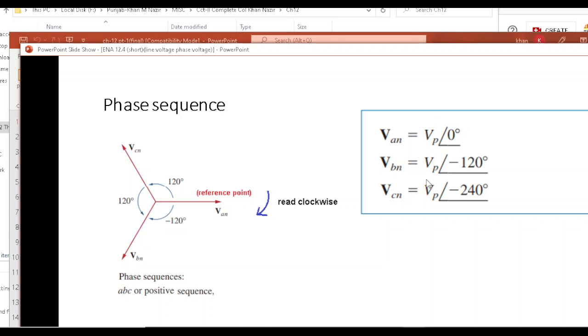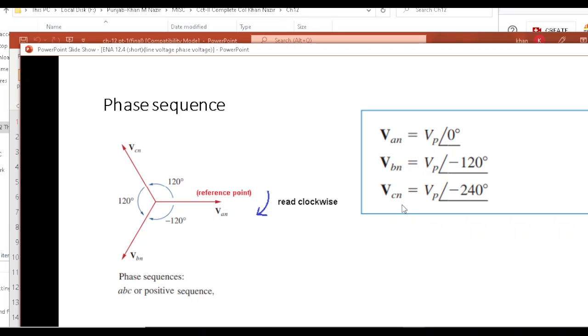Now VP is again very confusing. Just keep in mind this is 220 volt. So VBN will be VAN minus 120. What about VCN? If we go like this, we have to subtract another 120. That means from VAN by minus 240, we can reach VCN.